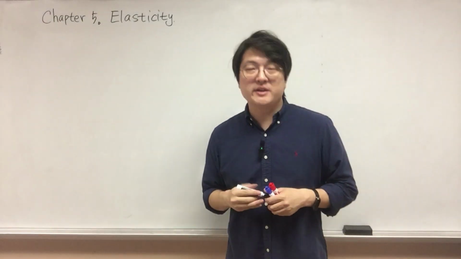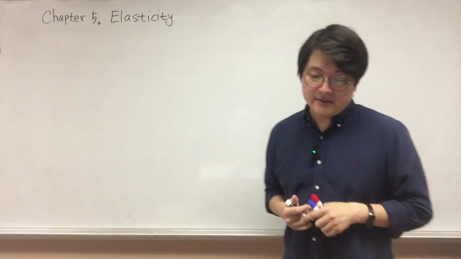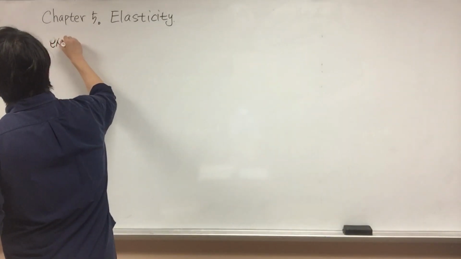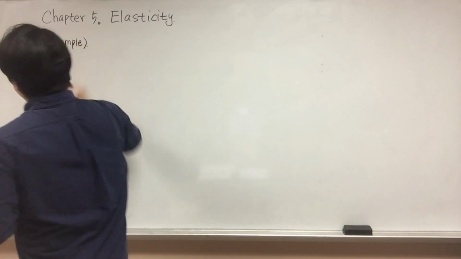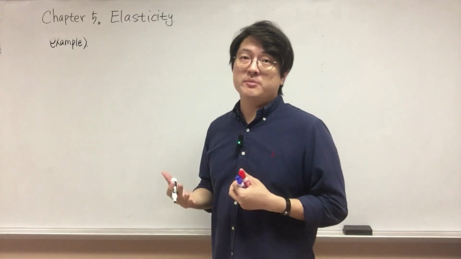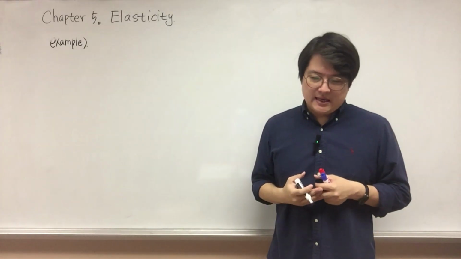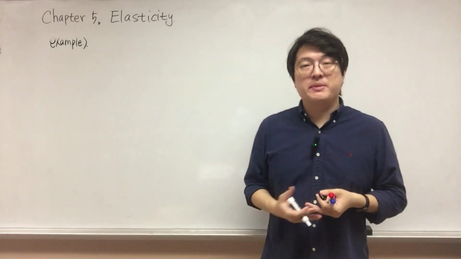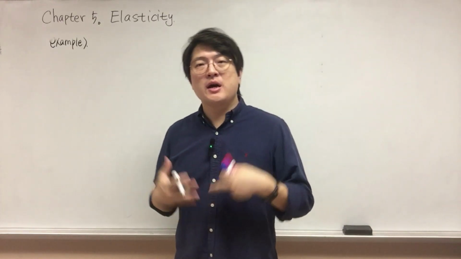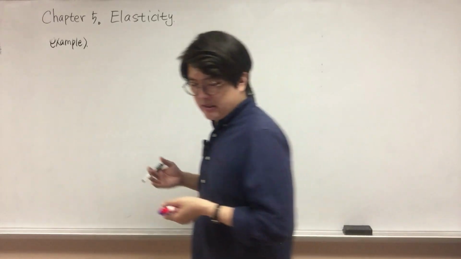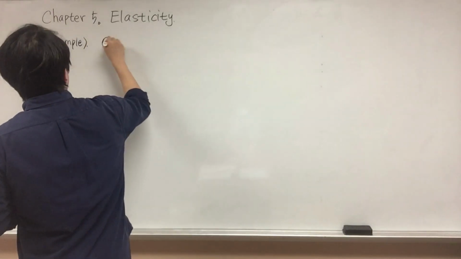I will give you one example of a market for gas. Let's say that the price of gas is reduced by 20%, and the quantity demanded increases by 10%. So how do you get the price elasticity of demand?